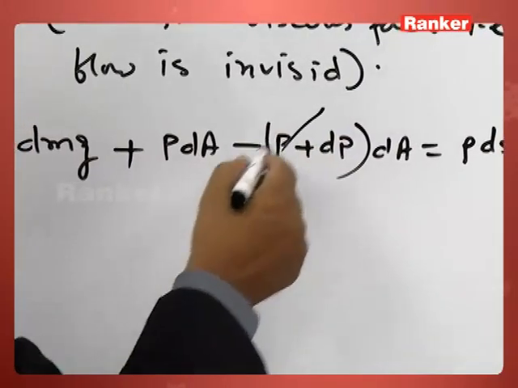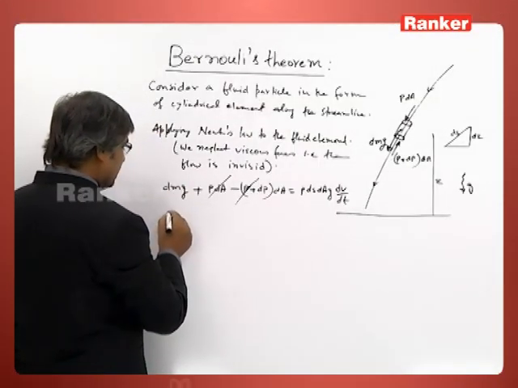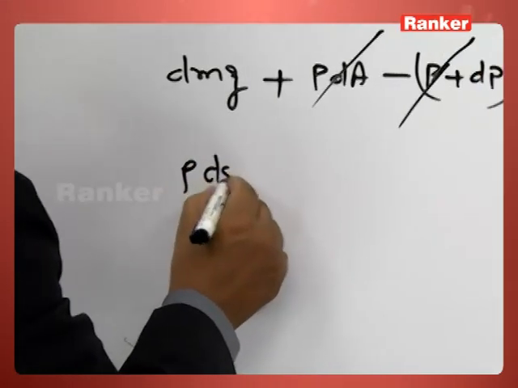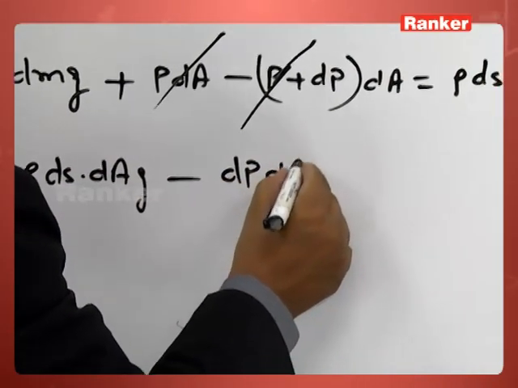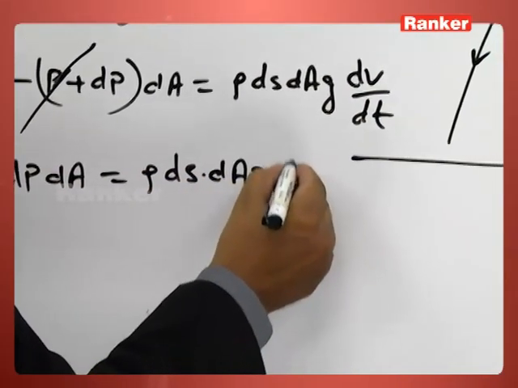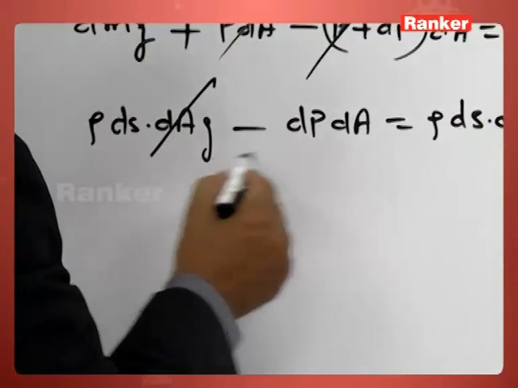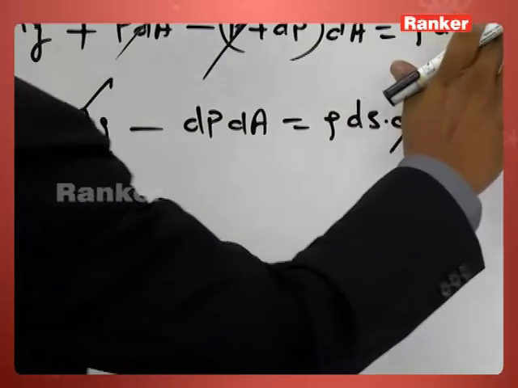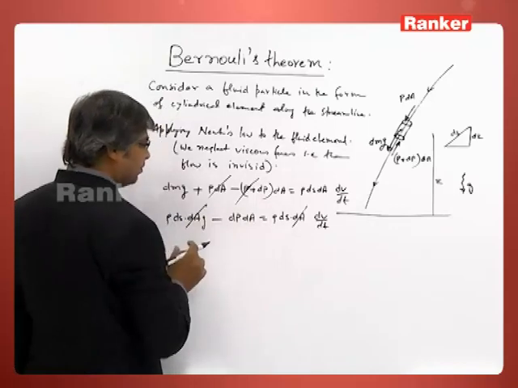So you see, the p term and pdA will cancel out. The mass is rho ds into dA, so we have rho ds dA g minus dp into dA is equal to rho ds dA into dv by dt. Here dA cancels. This is Newton's law, mass into acceleration.